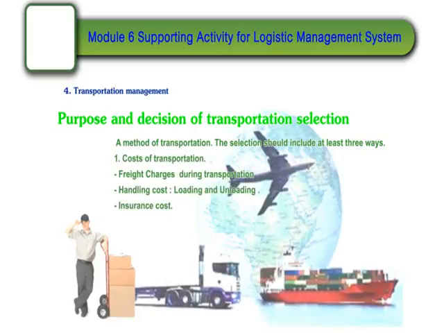Number 1, cost of transportation: freight charges, charges during transportation, handling cost, the cost for loading and unloading goods, insurance cost. Number 2, period used in transportation. And number 3, rates of damage or loss of goods in transit.